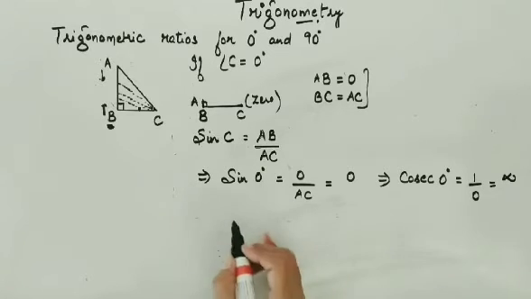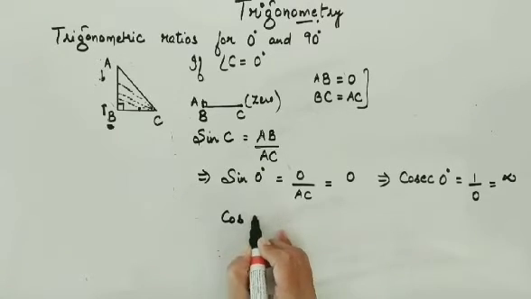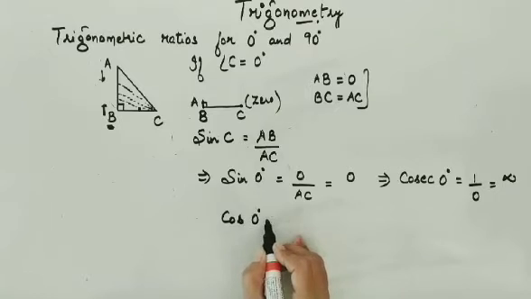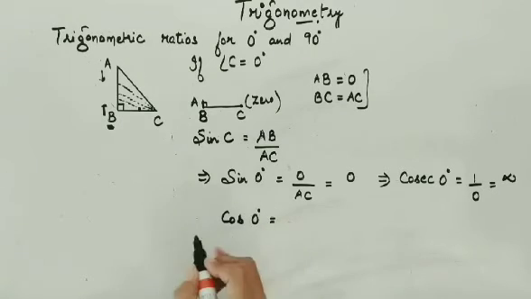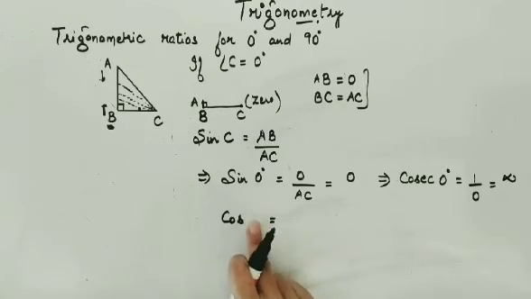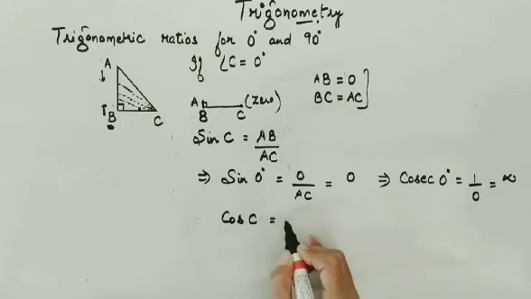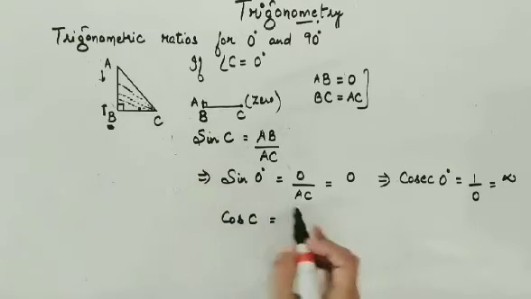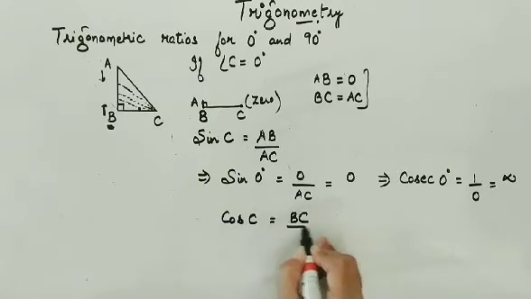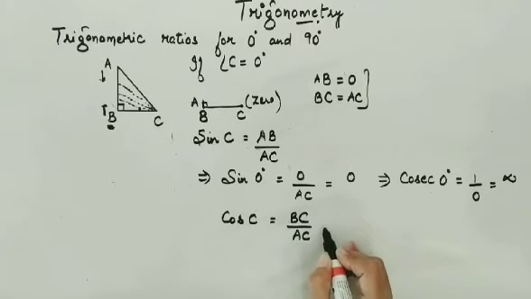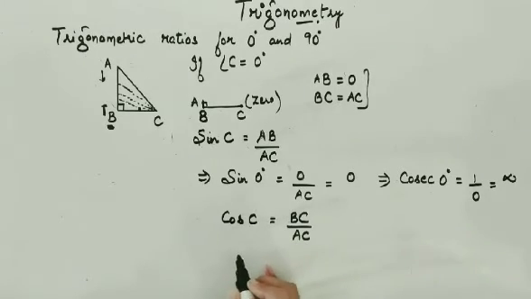Okay, the next one is cos 0 degree. Cos 0 or cos C. Let's first write for cos C, because you have to understand it from the figure. Cos C would be base, which is BC, upon hypot, which is AC. That implies cos 0 degree, I'm just putting the values.